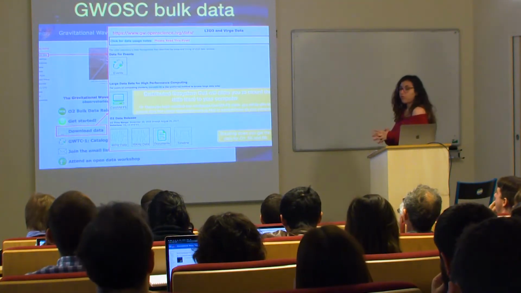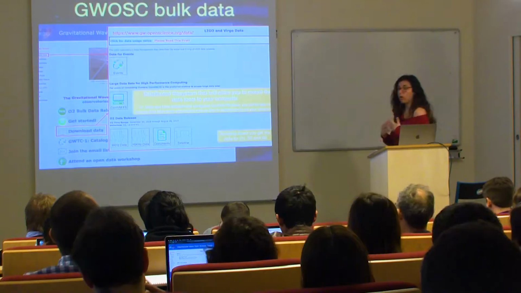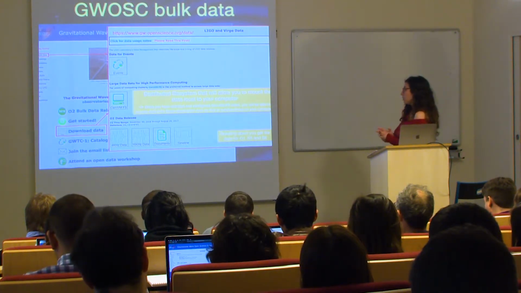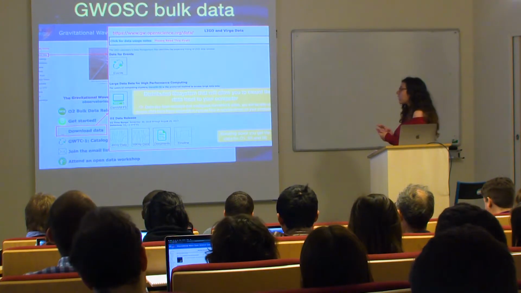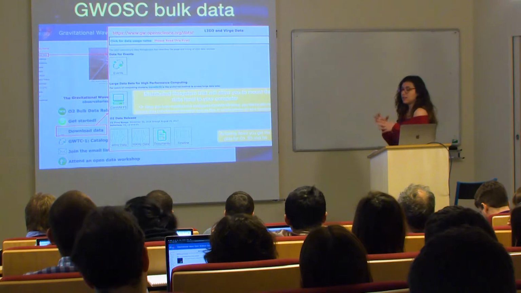Then in terms of bulk data release, you can arrive at the page with the data release by clicking on bulk data or on download data on the home page, or just go to gw-open-science-data. And you will see a page like this. When you have to download a lot of files, we suggest using this CERN VM file system. Basically, this is a file system.